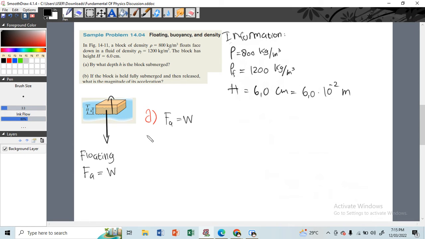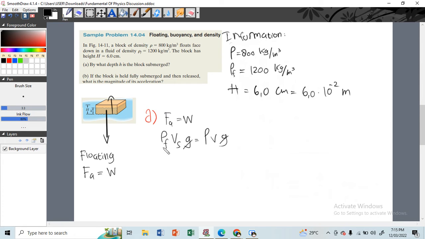Fa we could derive. We could change this equation to rho of the fluid times the volume that has been submerged times g, equal to rho of the block times the total volume times g.